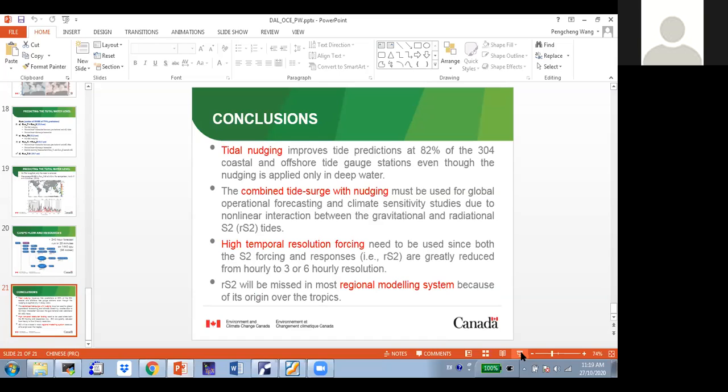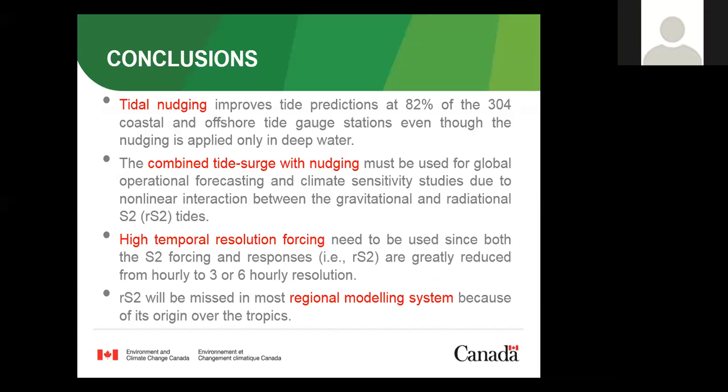So if you look at that last conclusion, RS2 will be missed in most regional modeling systems. Is that true if you were to radiate about TPXO at the open boundary? Because you would include RS2. Yes, Keith.